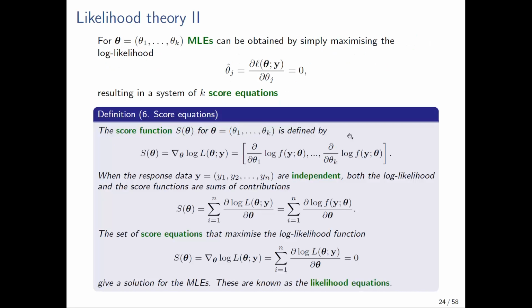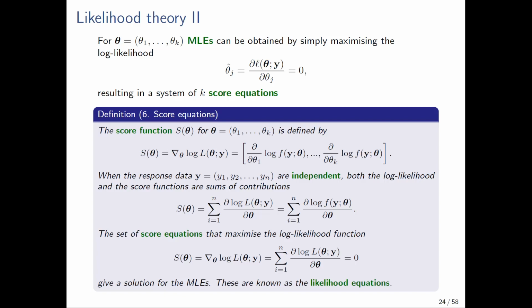So, for a parameter vector theta with k elements, the MLEs are obtained by maximizing the log likelihood. We simply take the partial derivatives with respect to each theta j and set it to 0, giving a system of k equations. These are known as score equations and are defined on the slide.